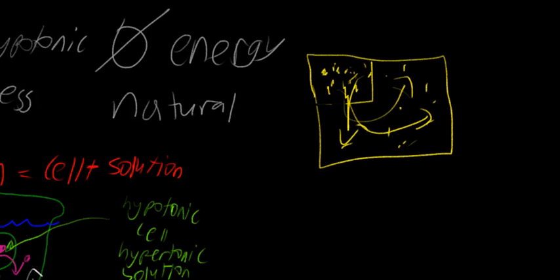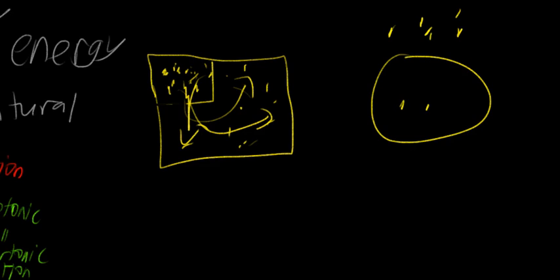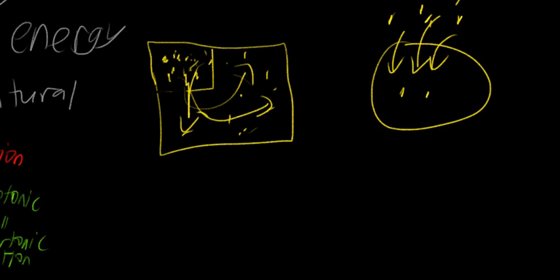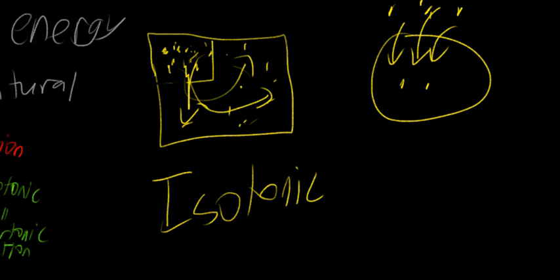If a whole bunch of glucose molecules are outside of the cell, and there are only like 2 inside, a bunch of them are going to keep moving into the cell until the concentrations are equal, in a state that we call isotonic. Isotonic means that they are equal in concentrations.